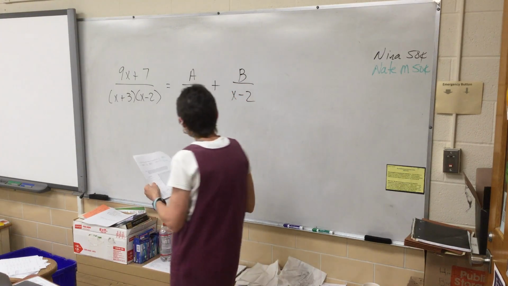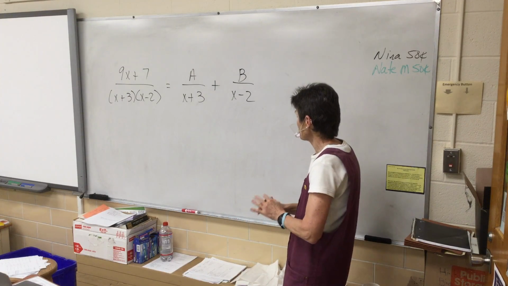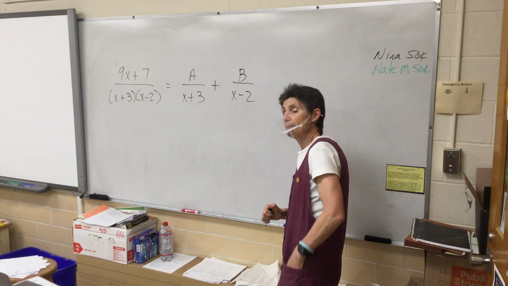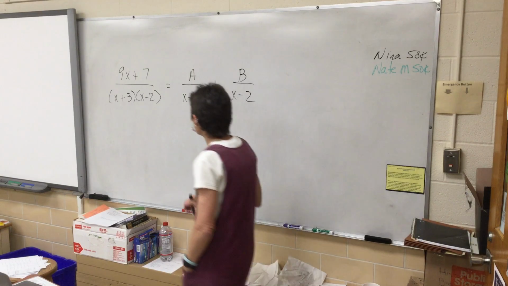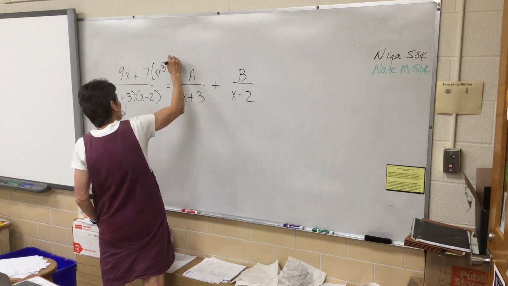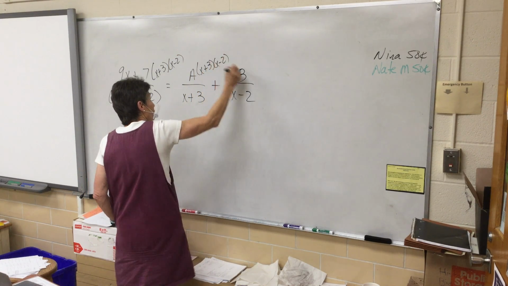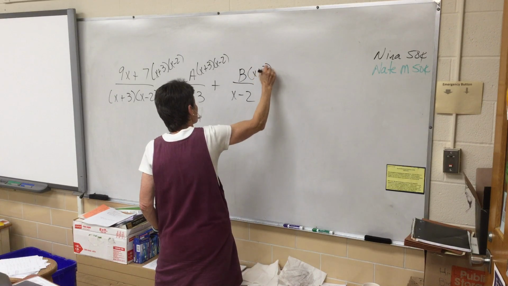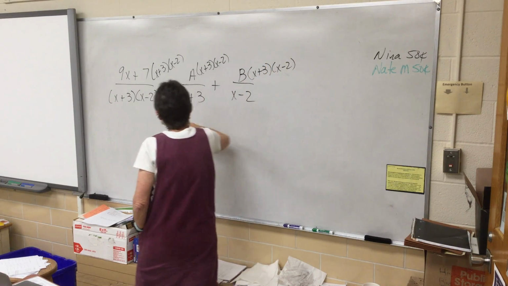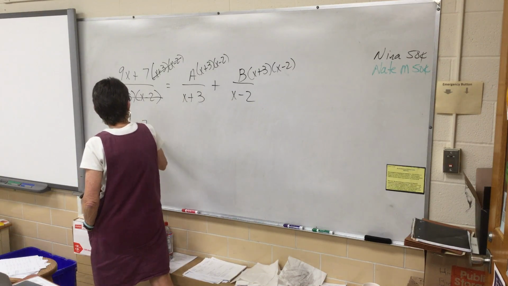We're just going to make one fraction have a denominator of x plus 3, and one fraction have a denominator of x minus 2. And then we're going to go through and multiply by that common denominator. Some of you can do this in your head, and I'm perfectly okay with that. I like to write it down so that I can see everything disappearing.